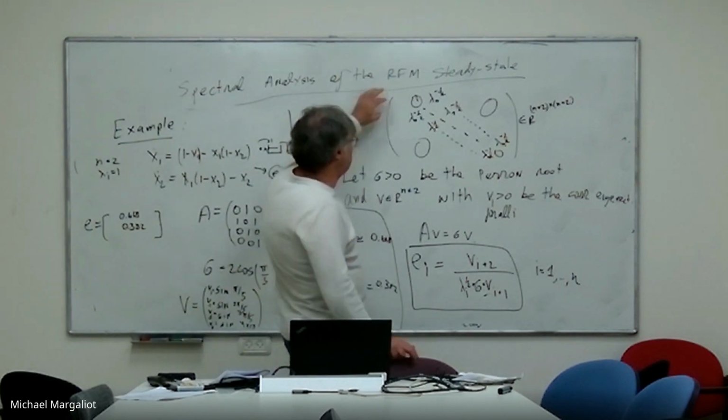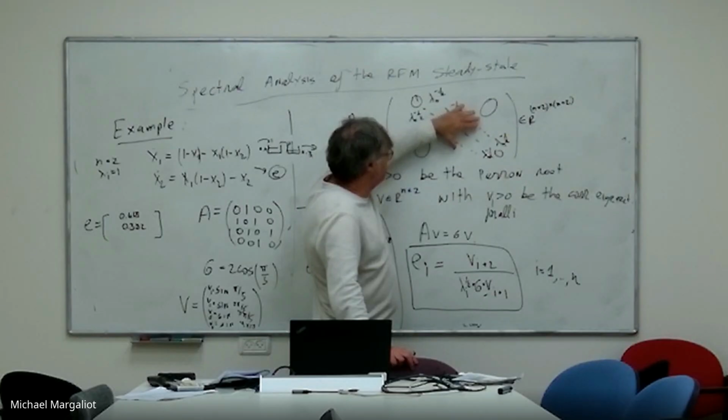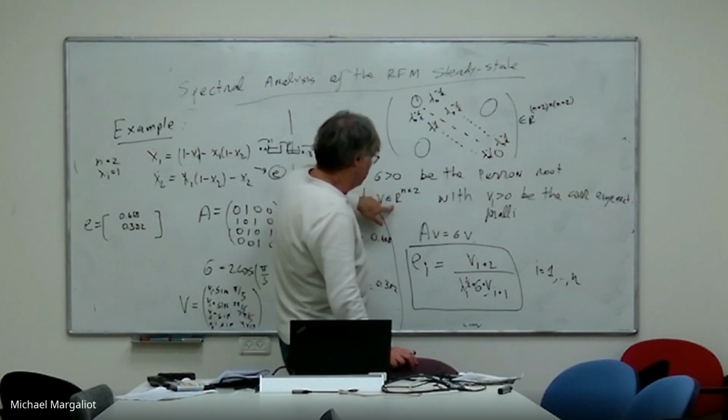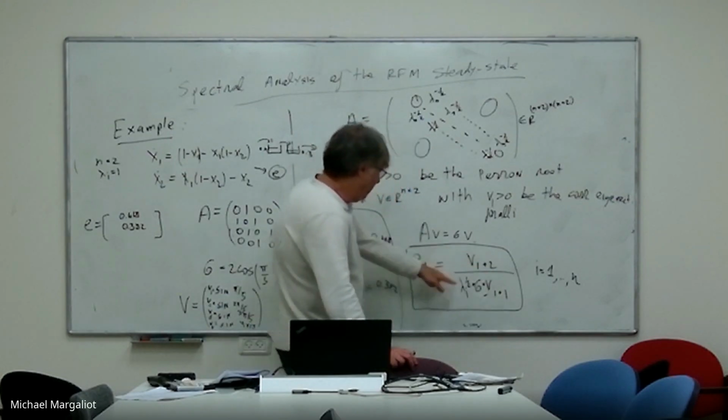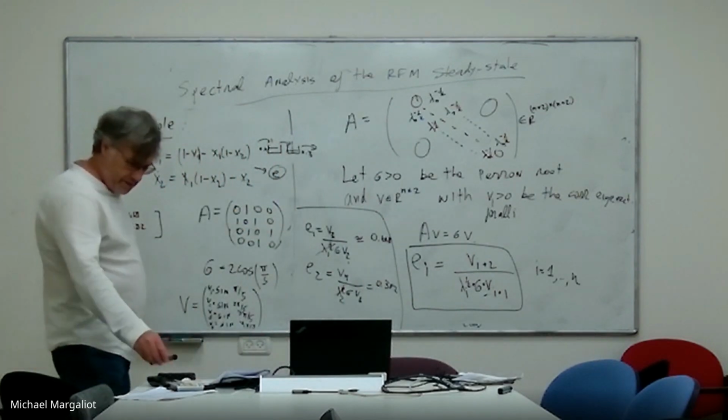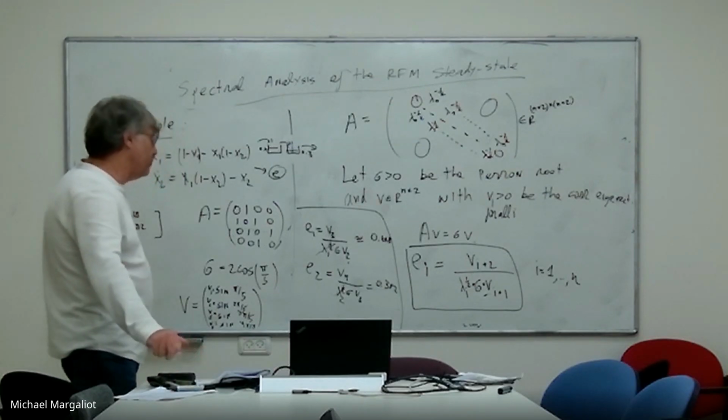Forget about the RFM, just take the rates and put them here in this matrix. Calculate the Perron root and the Perron vector, and then you will have all the EIs in the RFM just by looking at this equation, calculating these values.